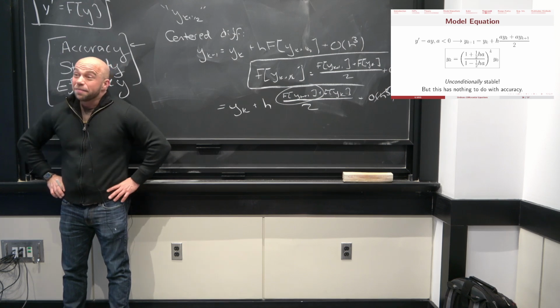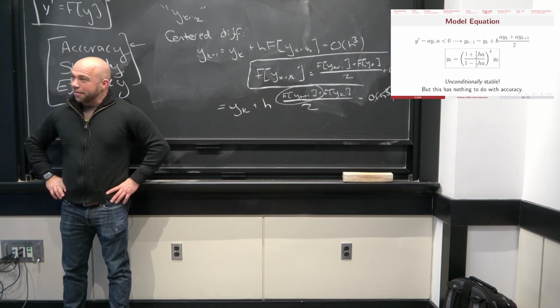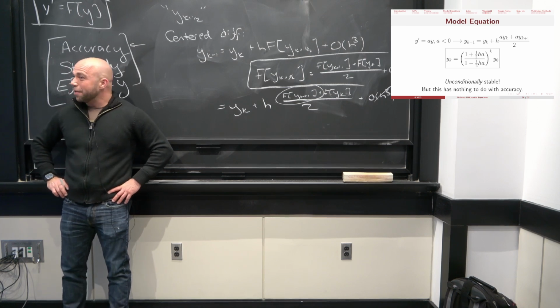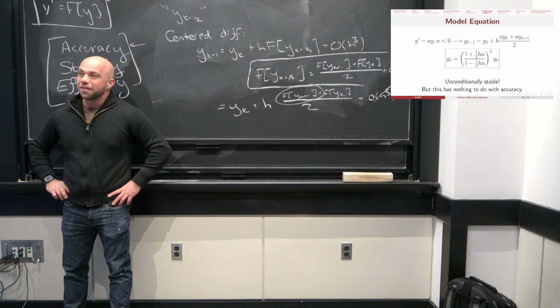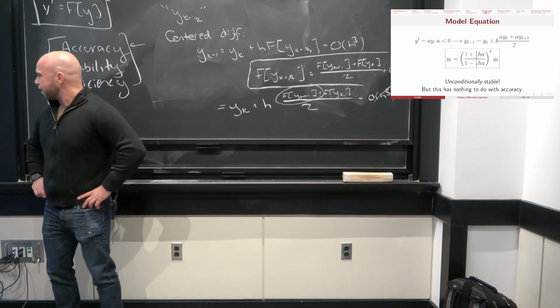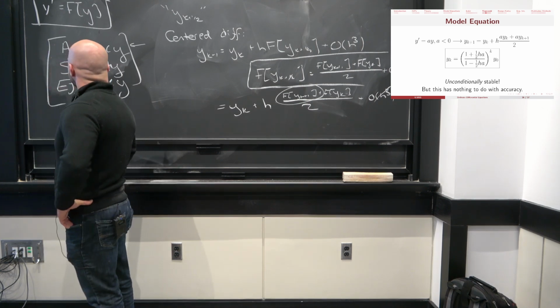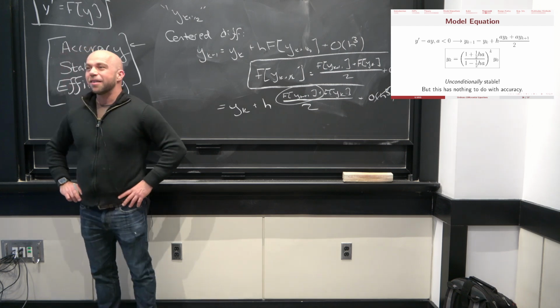So for the trapezoid method, we should start getting excited. This is implicit like backward Euler. It has higher order accuracy than backward Euler. And it has roughly the same efficiency. And it's also unconditionally stable.